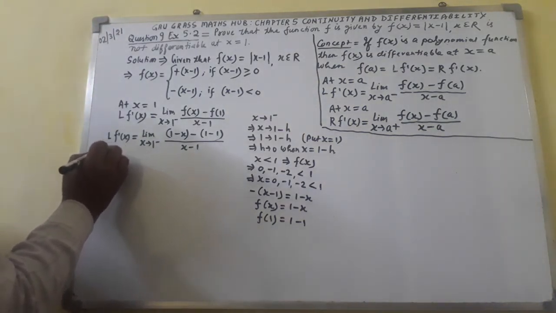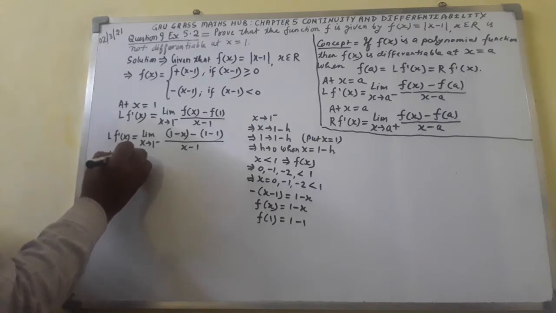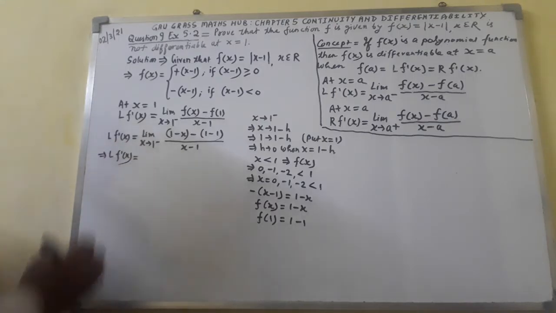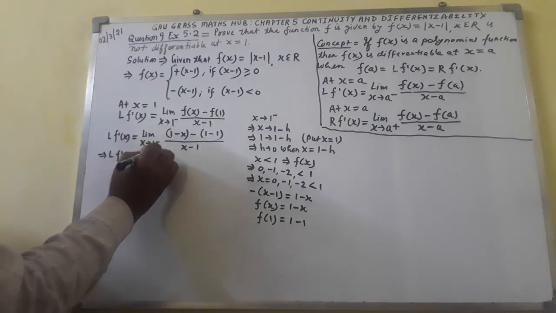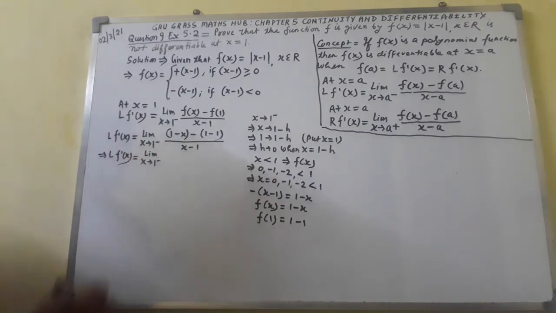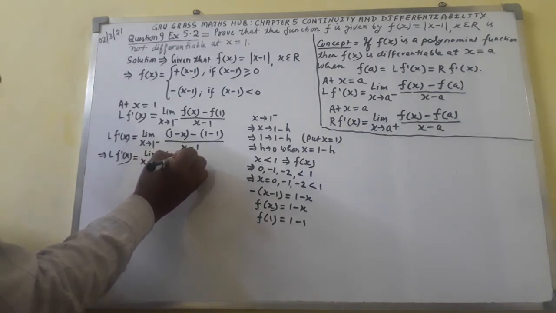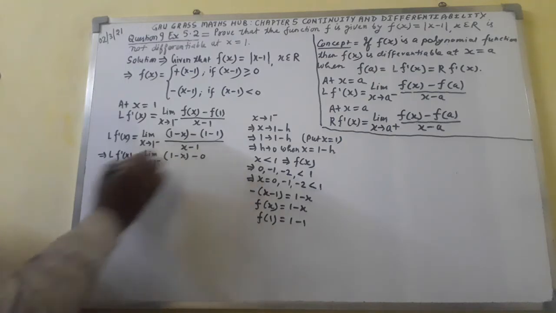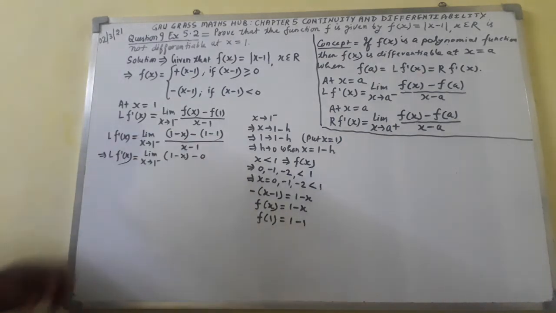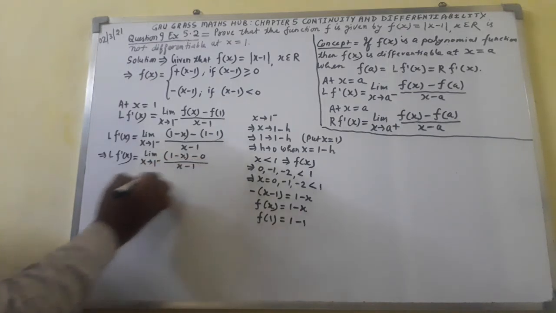Now again I shall write, imply that left hand derivative of f of x equal to lim x tends 1 of negative 1 minus x minus 0, 1 minus 1 comes out here 0, whole over x minus 1.